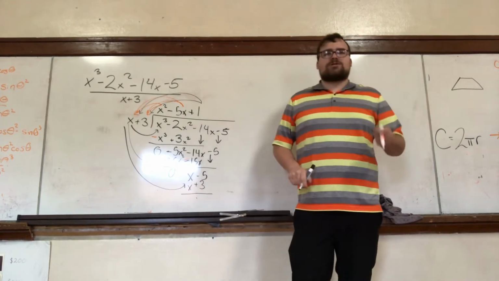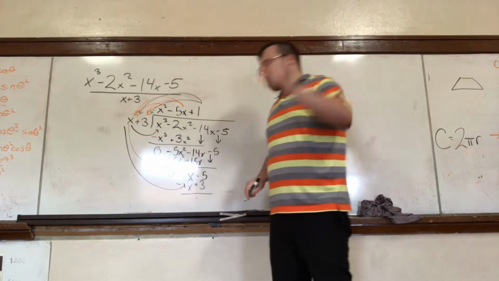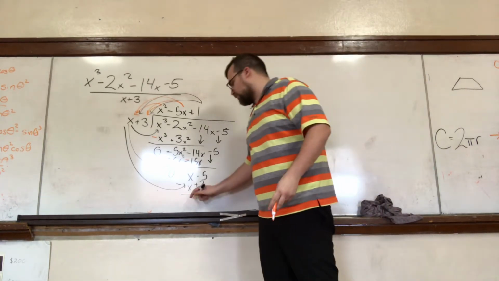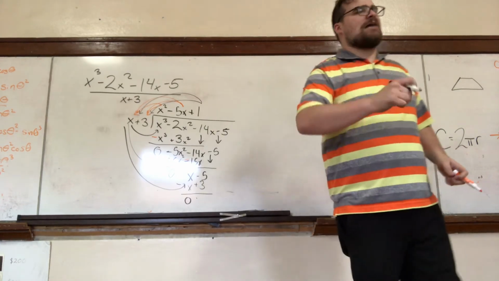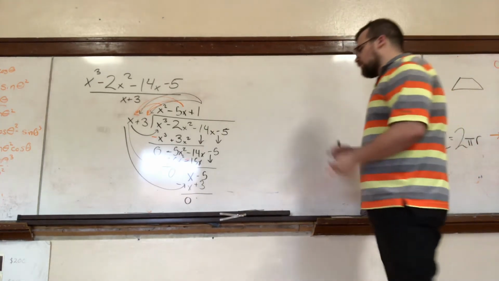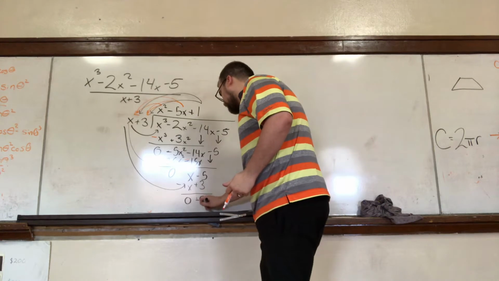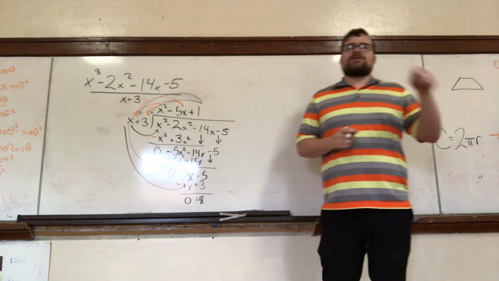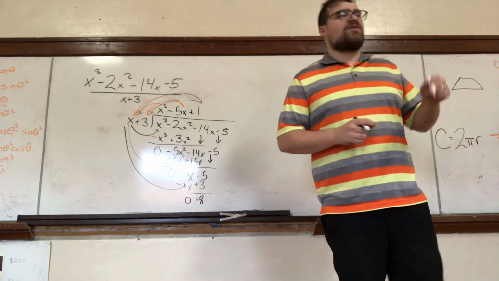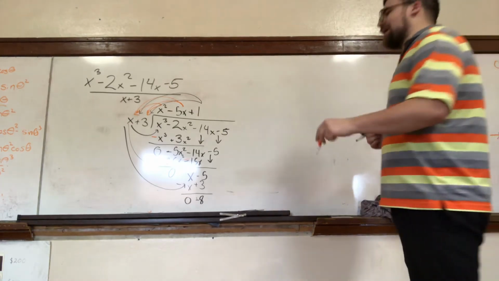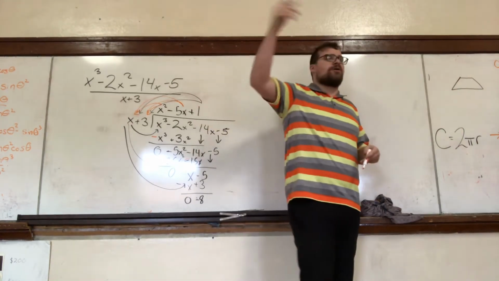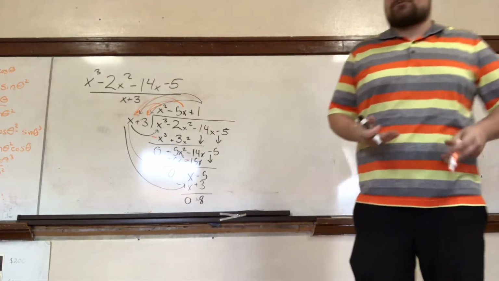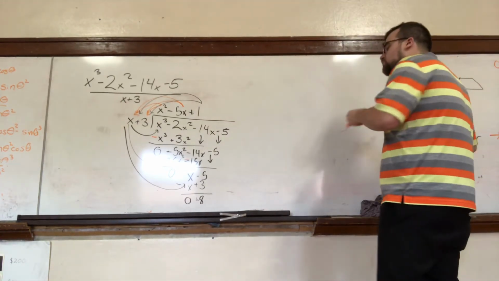Now what you'll notice is when we subtract these, we're getting a 0 for the x terms, but that's not what we're getting here. Negative 5 minus 3, we're going to get negative 8. Every other example has been a 0. So this is our remainder. This is like back in the day when you divided and put a little r and a number out to the side. We are not going to use a little r.